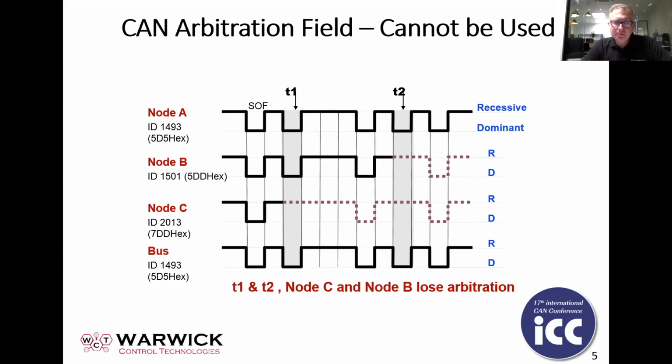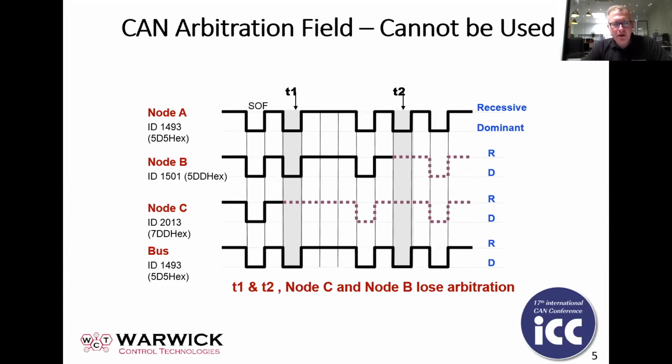We've got a picture here of the CAN bus arbitration process, where there are three devices trying to take access to the network. This shows why we should not use the CAN identifier within the electrical signature.